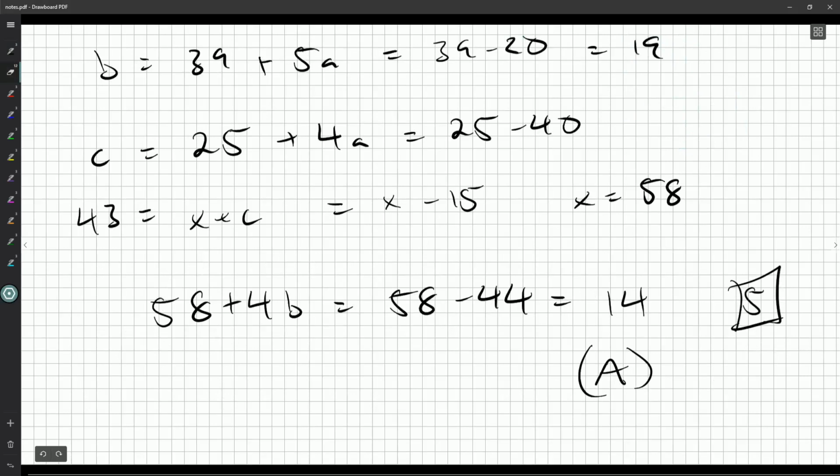Okay, so that's a positive number, even if the A isn't. And then 25 plus 4A, so that's 25 minus 16. C should be 9.